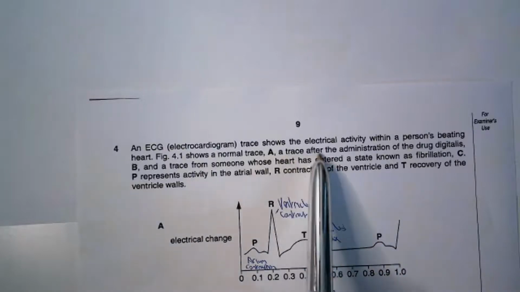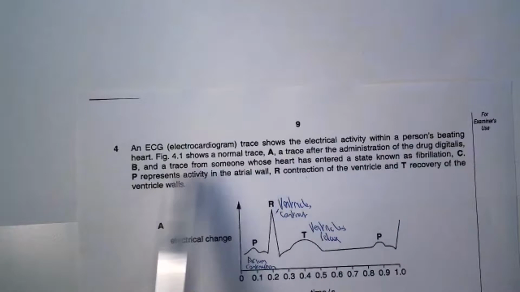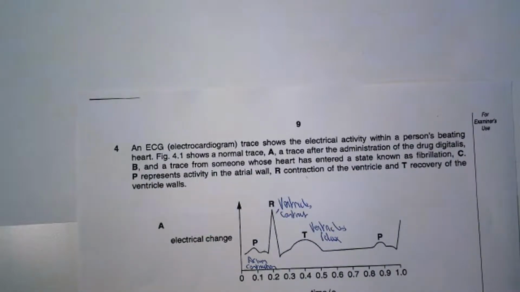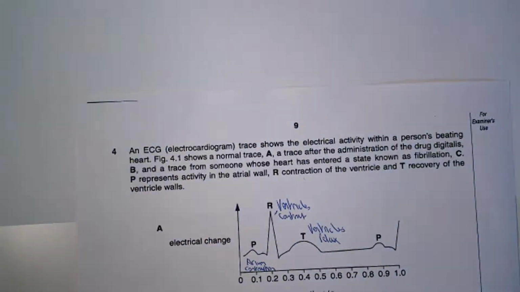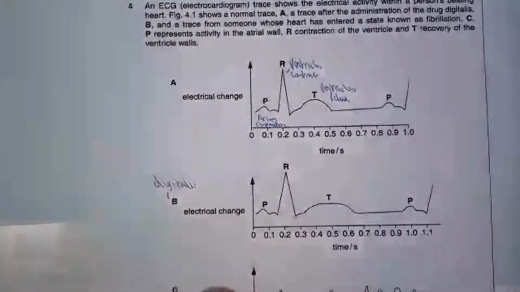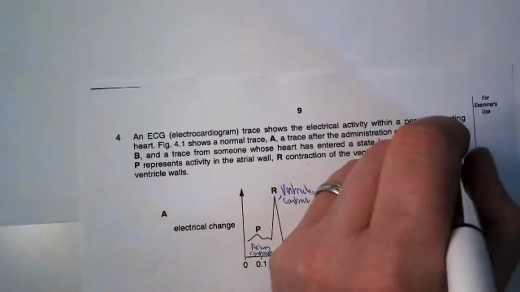So the question says, a trace after the administration of the drug digitalis, B. So B is when digitalis has been added. And a trace from someone whose heart has entered a state known as fibrillation.